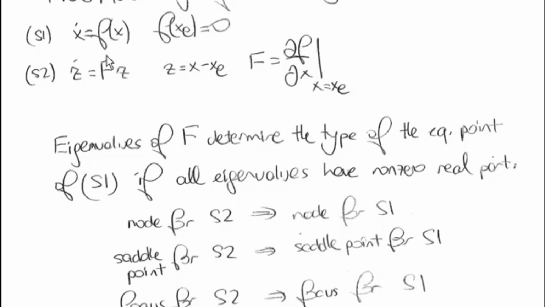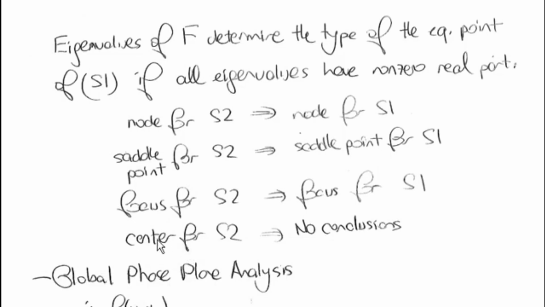But you should remember that these are only local conclusions about the trajectories of the actual nonlinear system. If we are far away from the equilibrium point that we are considering, then we might have different trajectories than the node, saddle point, or focus type of trajectories. And if we have a center for the linearized system, the real parts are equal to 0.